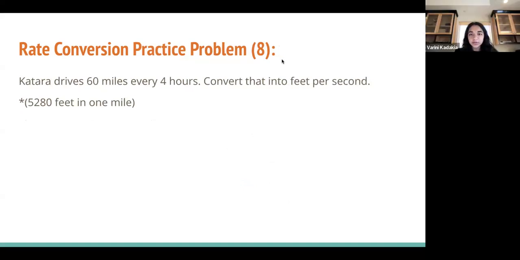So you guys can try this one. Your conversion is given right here: 5,280 feet in 1 mile. Sorry, there are 60 seconds in 1 minute, and there are 60 minutes in 1 hour.